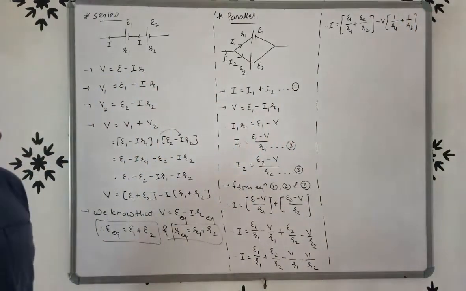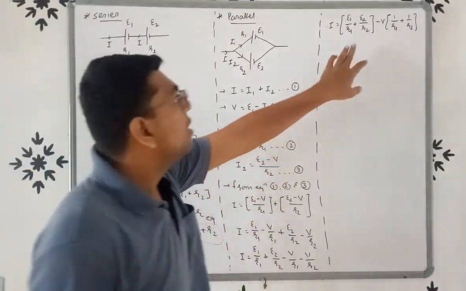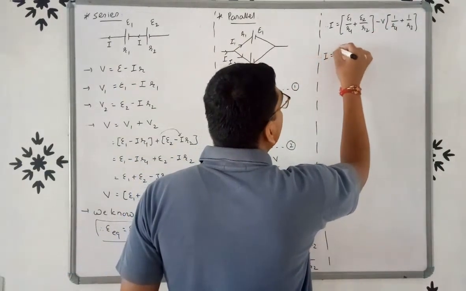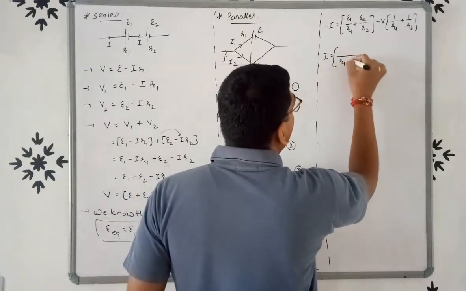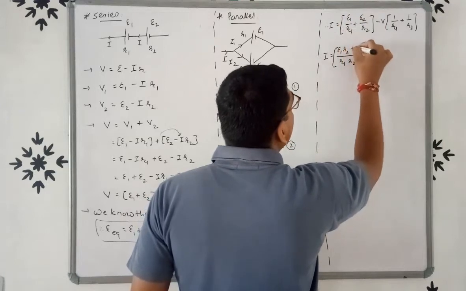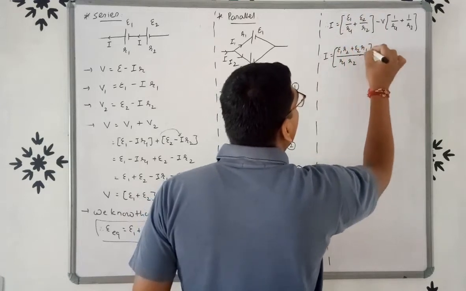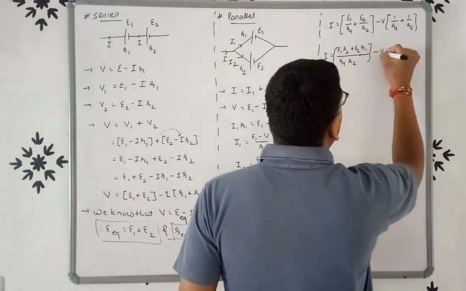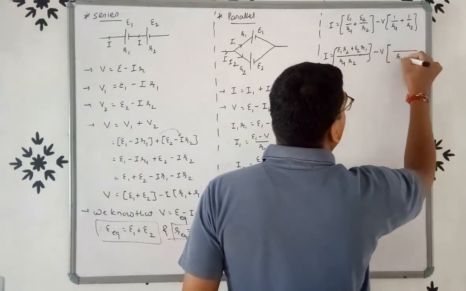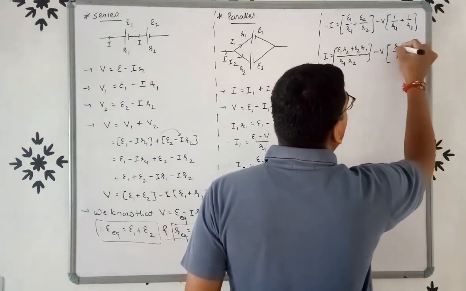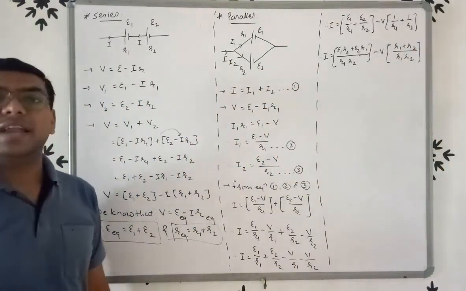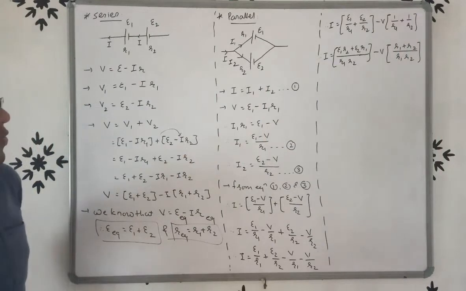Now here R1 R2 is the LCM, so we get I is equals to E1 R2 plus E2 R1, minus V, again 1 upon R1 plus 1 upon R2, so again R1 R2 LCM, we will get R2 plus R1, or we can say R1 plus R2. Now we have to formulate V.